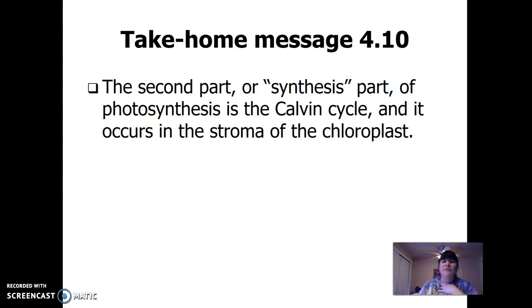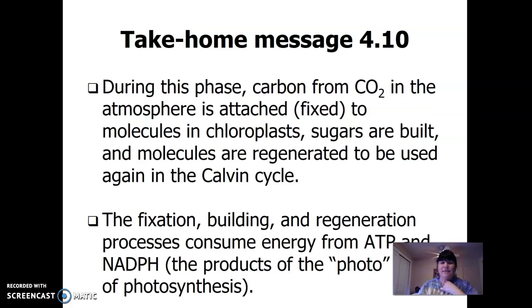So the second part, synthesis, in the Calvin cycle, and we're getting the sugar. During this phase, carbon from CO2, carbon dioxide from the air in the atmosphere, is attached to molecules in the chloroplast. Sugars are built, okay? And molecules are regenerated to be used again. The fixation, building, and regeneration consume ATP from the photo part.